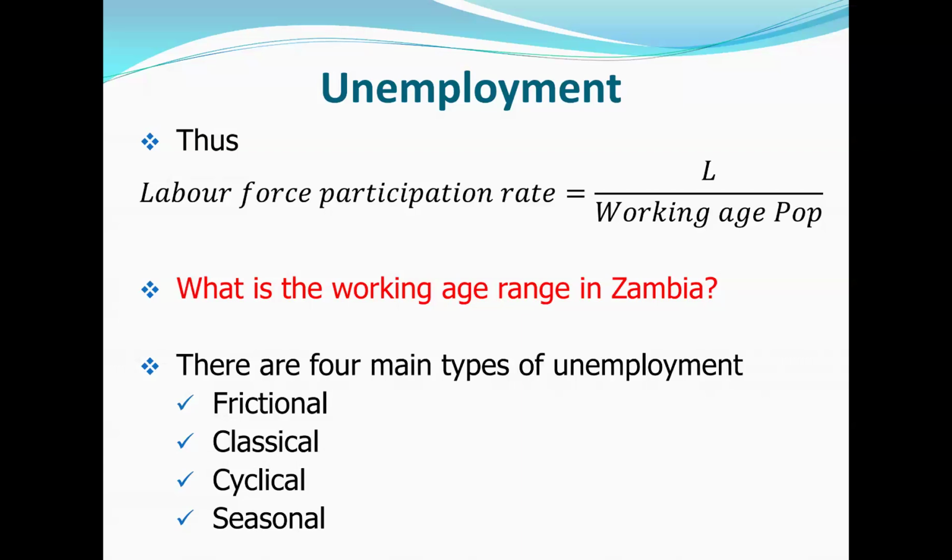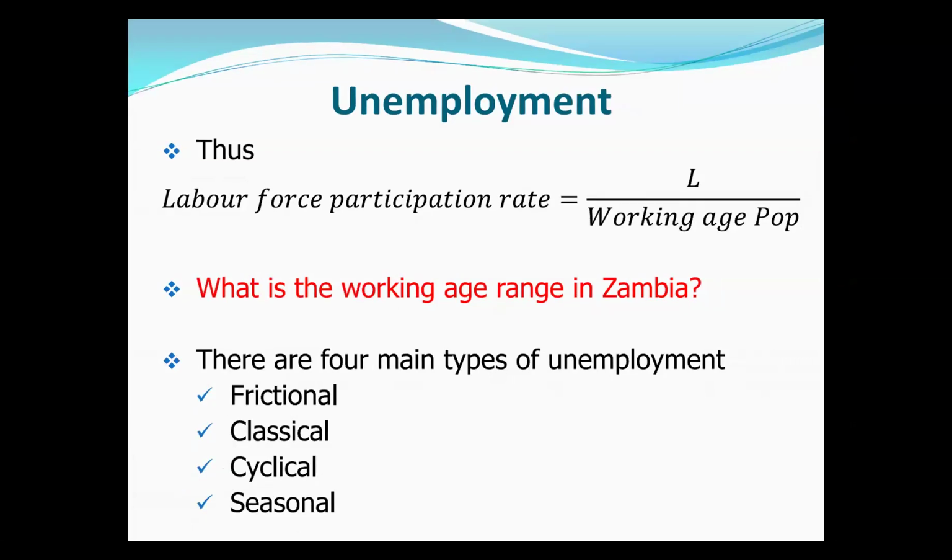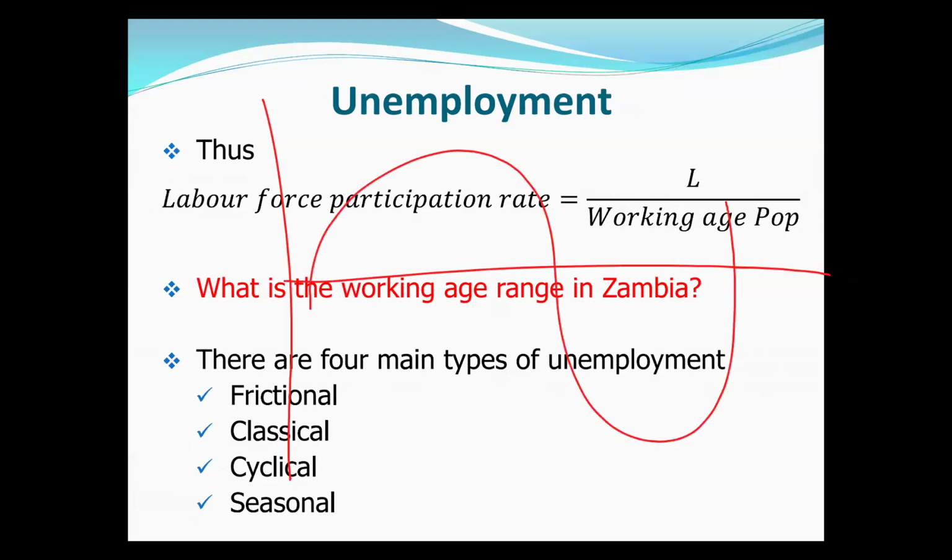Once the rain season is done, those people are out of employment. Seasonal is similar to cyclical. Cyclical is caused by the downturns in the economy: the boom, the recession, the depression.